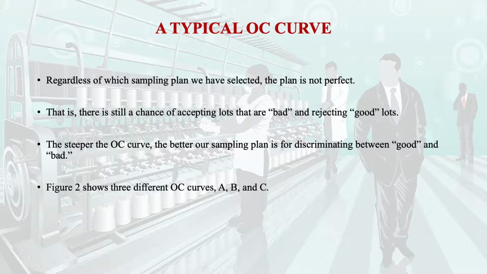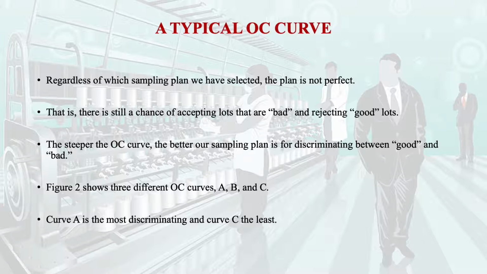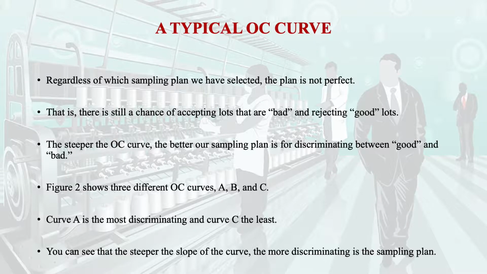We have shown you a figure in which we have drawn 3 OC curves A, B, C. Curve A is most discriminating and C is least discriminating. You can see that the steeper the slope of the curve, the more discriminating the sampling plan is.